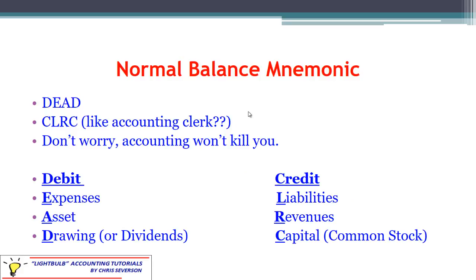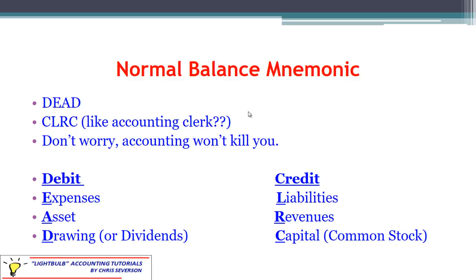So we saw the arrows, we saw the pluses and minuses. That's one way to learn the normal balance rules. The way I learned and the way that sticks with me to this day is the normal balance mnemonic. So if you want to learn what accounts are debit accounts, what accounts are credit accounts, use these two mnemonics. DEAD, D-E-A-D.